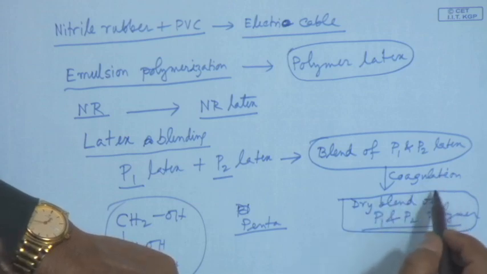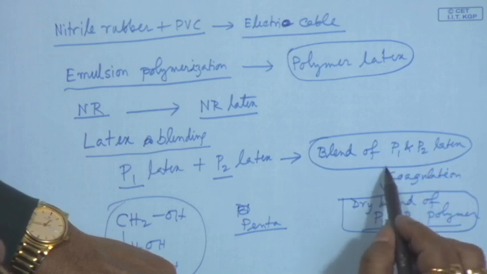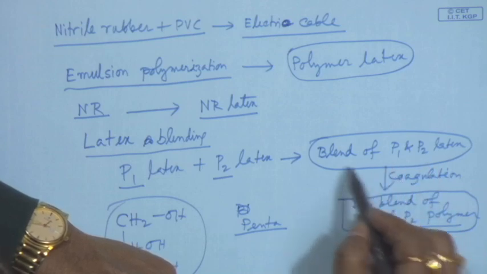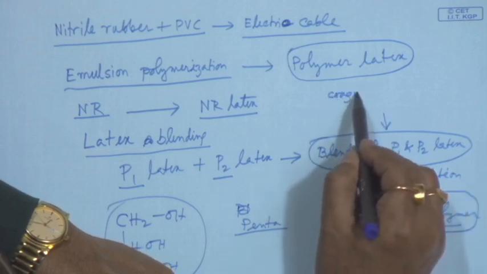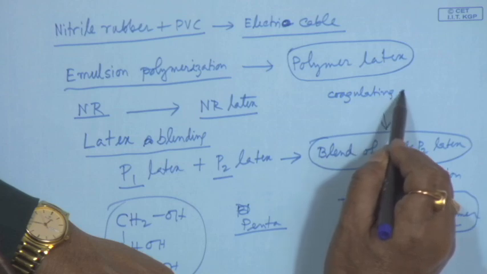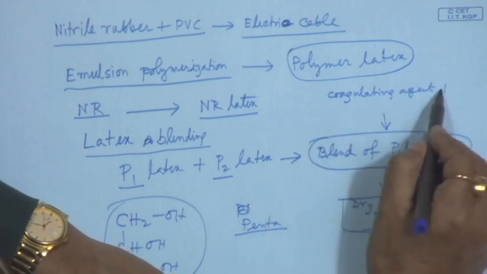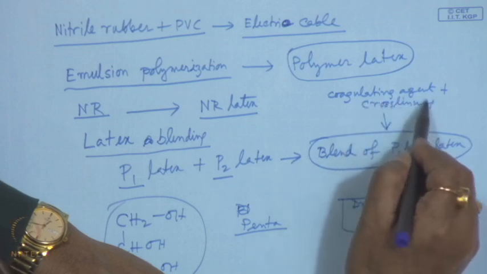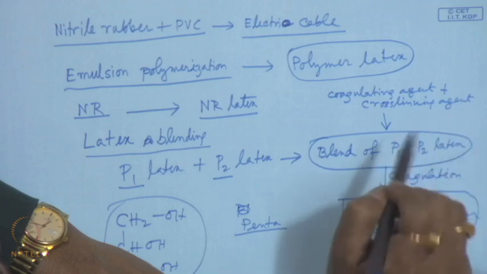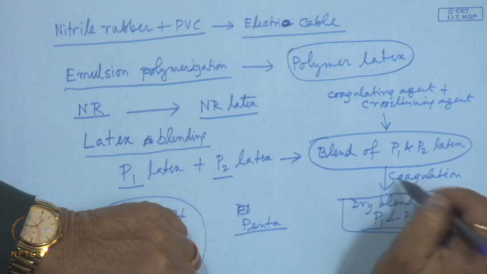Now, during coagulation we can mix some cross-linker along with the coagulating agent. So, we have to add a coagulating agent, and along with the coagulating agent we must add some cross-linking agent, which will remain dormant, remain passive during the coagulation stage.